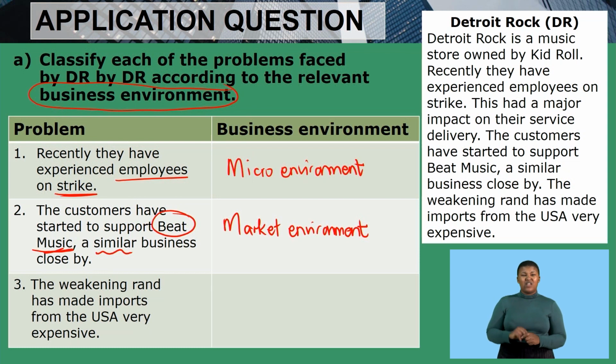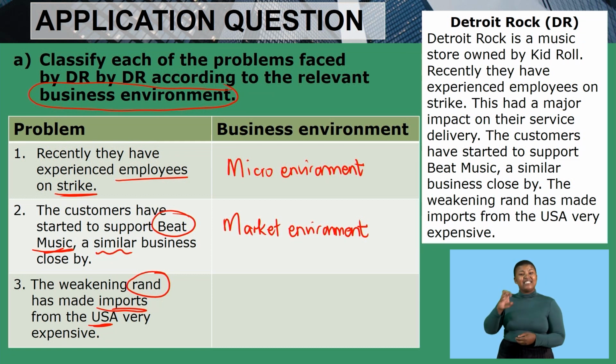The last one, the weakening rand, has made imports from the USA very expensive. So this is giving us clues that this is an effect of exchange rate, where the dollar is too expensive for this business to import products from the USA.